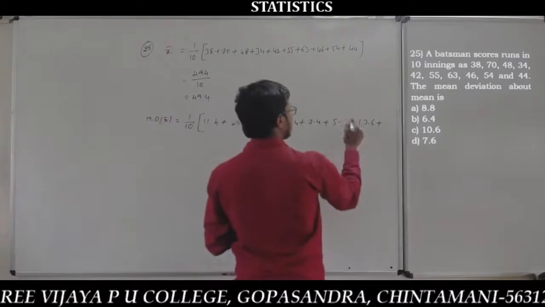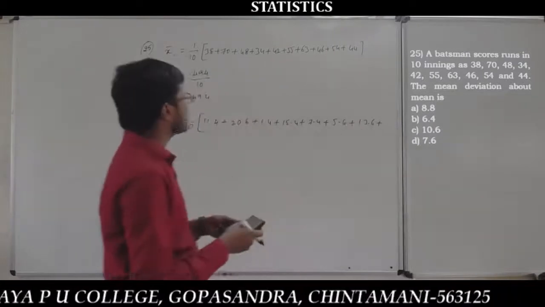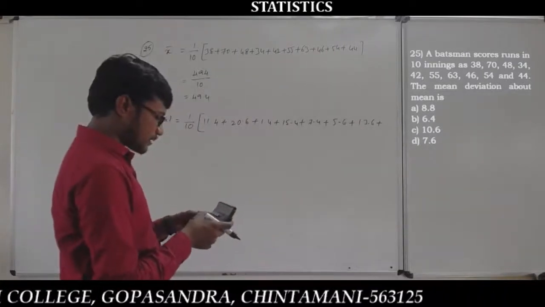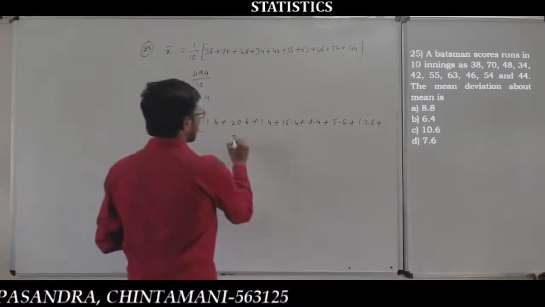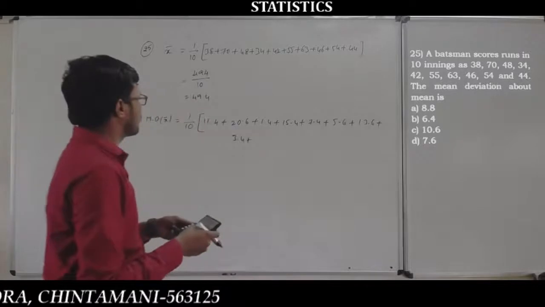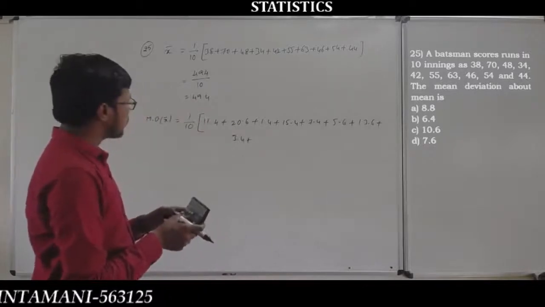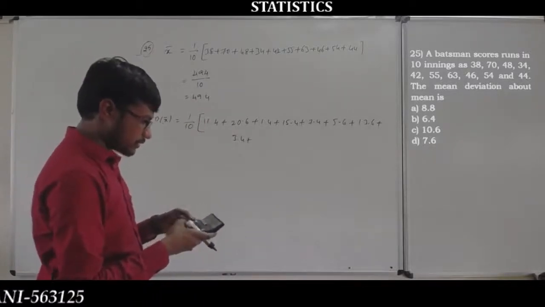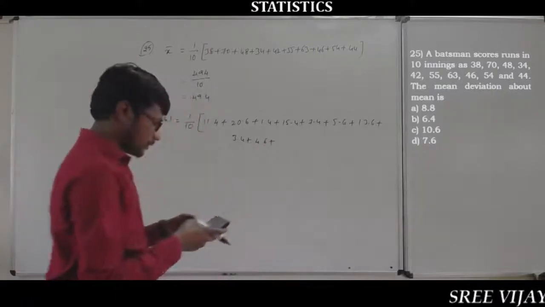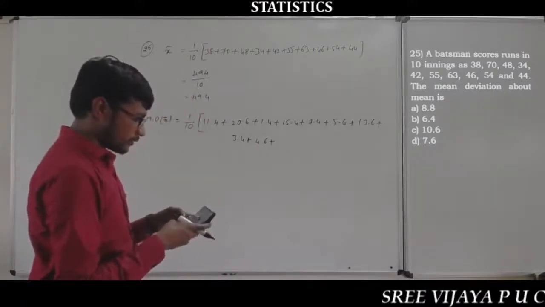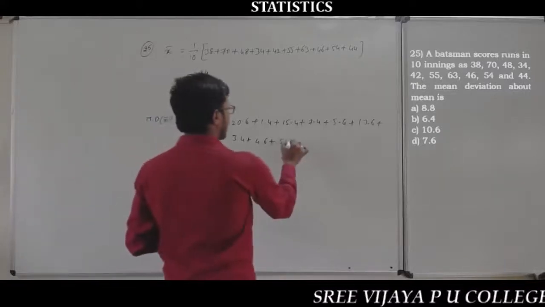It is not 5.4, it is 5.6. Next, 63 minus 49.4, you get 13.6. 46 minus 49.4, we'll get minus 3.4, but you can write plus 3.4. 54 minus 49.4, we'll get 4.6. Next, 44 minus 49.4, we'll get 5.4.